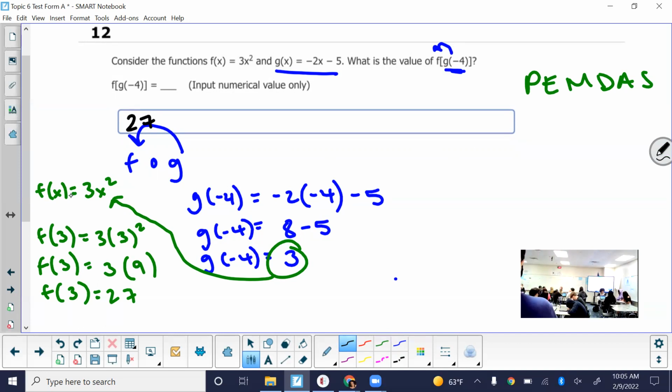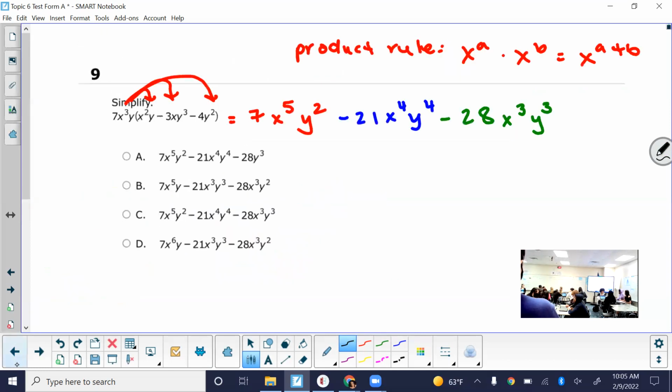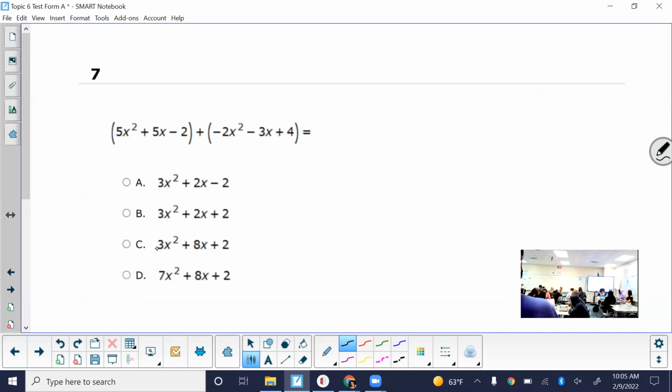Yes, Kara? Number 7. All right, so first step in number 7 is to do what? We distribute to remove the parentheses.